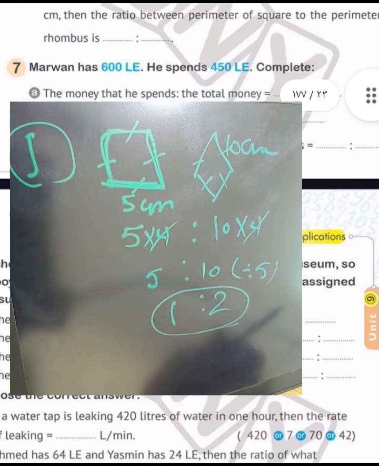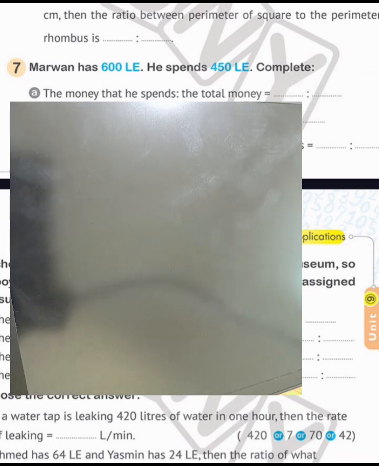Question number 7. Marwan has 600 Egyptian lira. He spends 450 Egyptian lira. Complete the ratio of the money that he spends to the total money. Okay, he has 600.